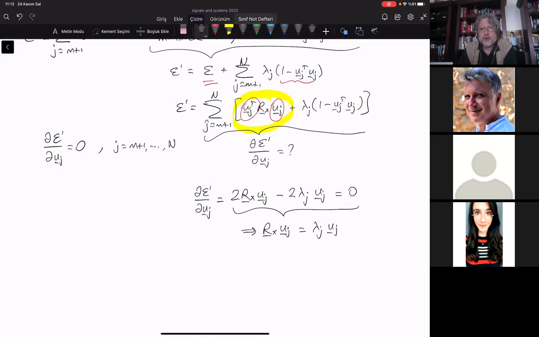You have to solve this in terms of uj. You have to solve for what uj is. What's the solution of this equation? Rx matrix times uj vector is equal to lambda j scalar times uj vector.